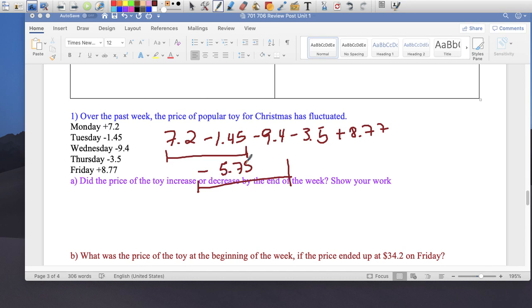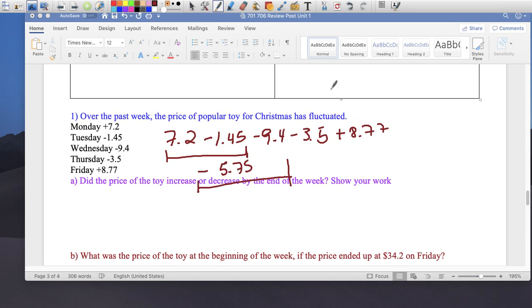And then I'm going to take these and do it from here. I'm just going to do the whole thing. 7.2 minus 1.45 minus 9.4 minus 3.5 plus 8.77.